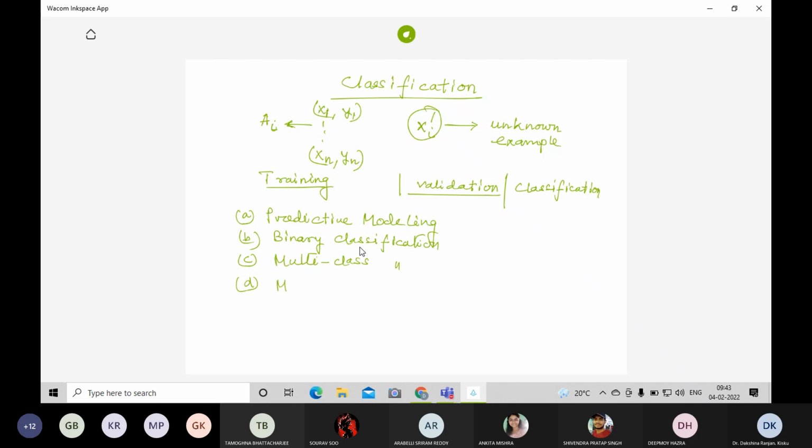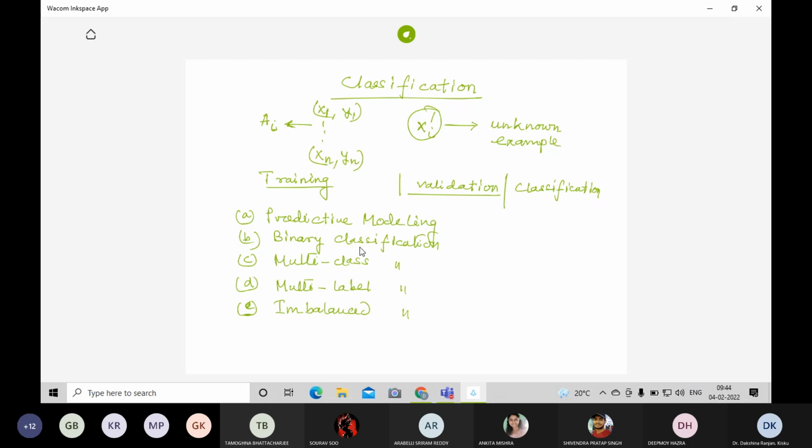Next we can have multi-label classification, and finally we can have another type of classification problem, called imbalanced classification problem. So these five types of classification problems we can have in machine learning: first is predictive modeling, then binary classification, multi-class classification, multi-label classification, and finally imbalanced classification.